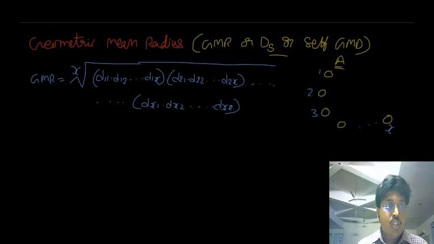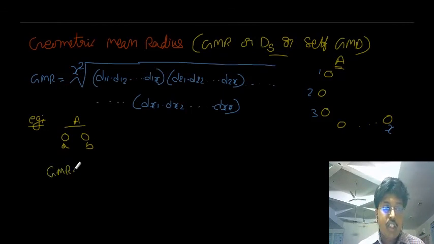Let me solve this with one example. I have taken one conductor A having two strands, labeled A and B. Here the GMR is calculated as follows.